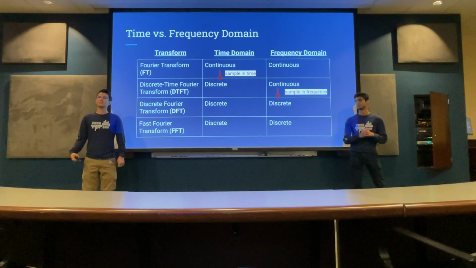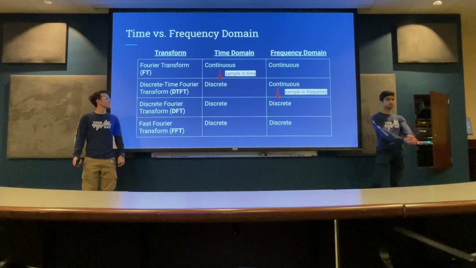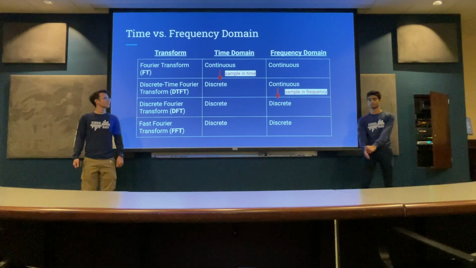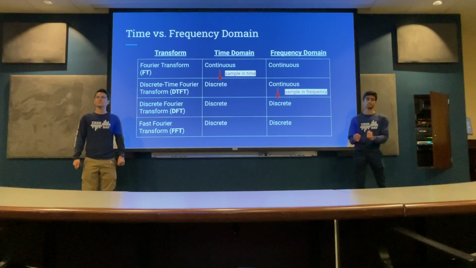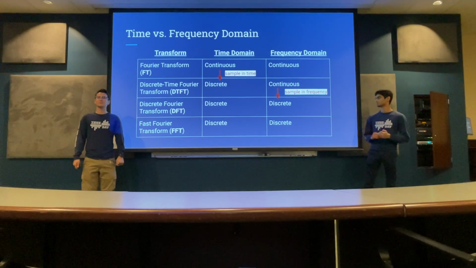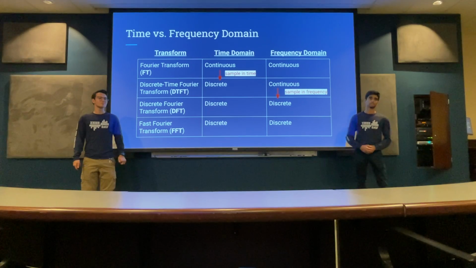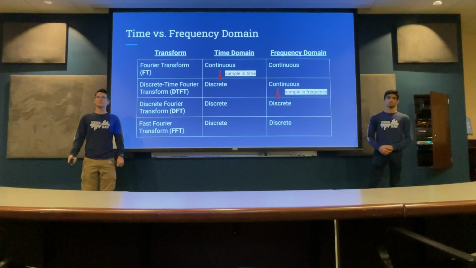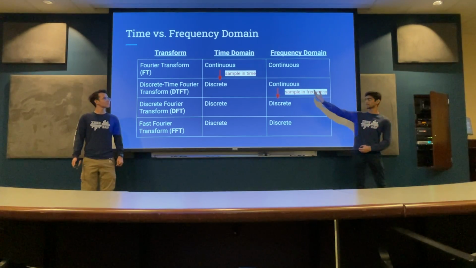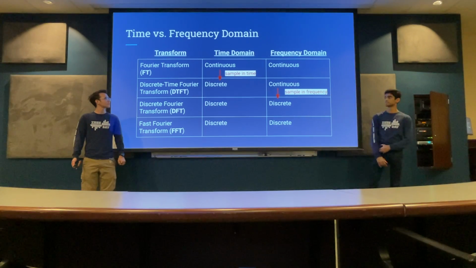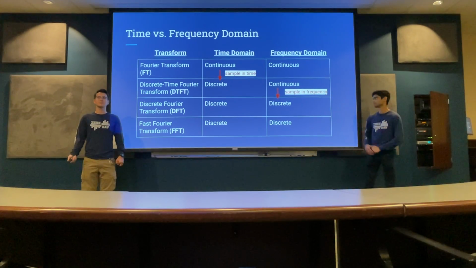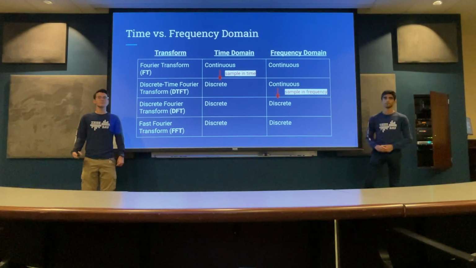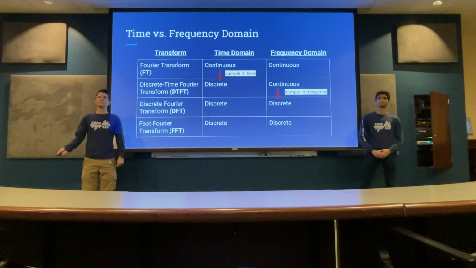Then you can sample in the frequency domain and get the discrete Fourier transform, where you take discrete samples in time and also get discrete frequencies. And we all have our best friend, the FFT, which just does the DFT but faster. So you sample in time to go from FT to DTFT, and then sample in frequency to go from DTFT to DFT.